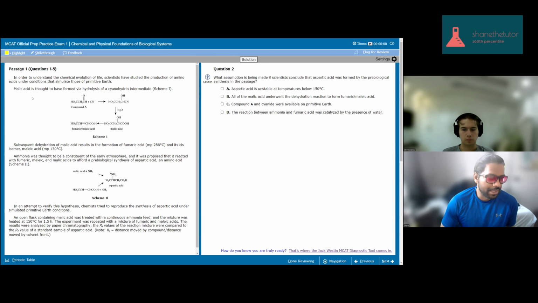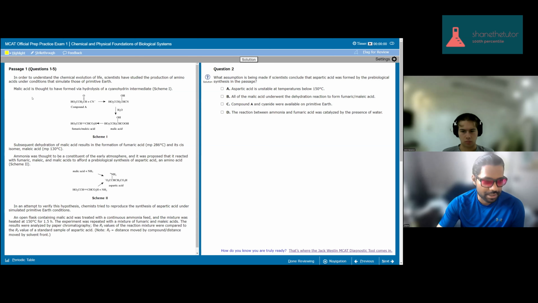They're trying to figure out the amino acids of primitive Earth. Malic acid is thought to have formed via hydrolysis, buzzword right there, of a cyanohydrin intermediate. We're not expected to know what that looks like, so they're going to give it to us. So compound A, I would assume, is malic acid, and we are adding cyanide to it, and it turns into the cyanohydrin intermediate over here.